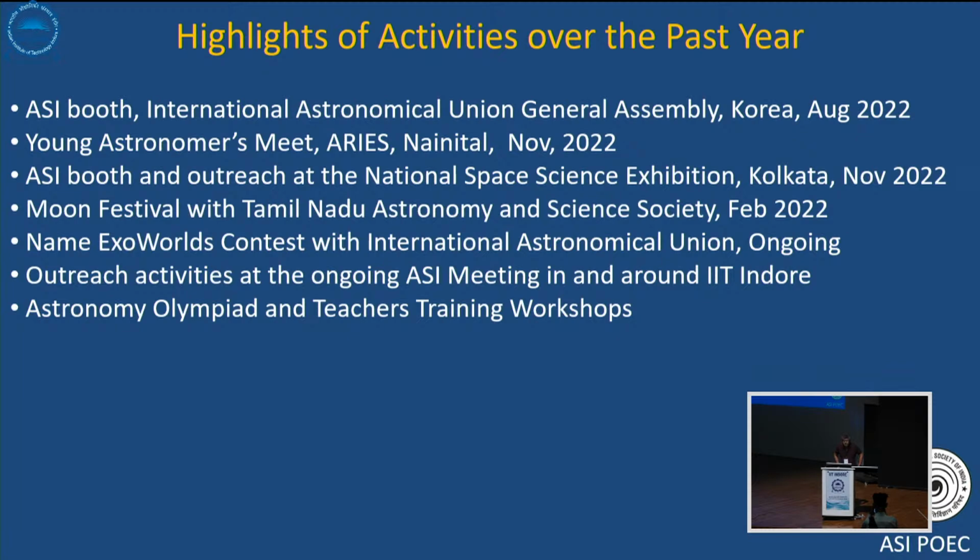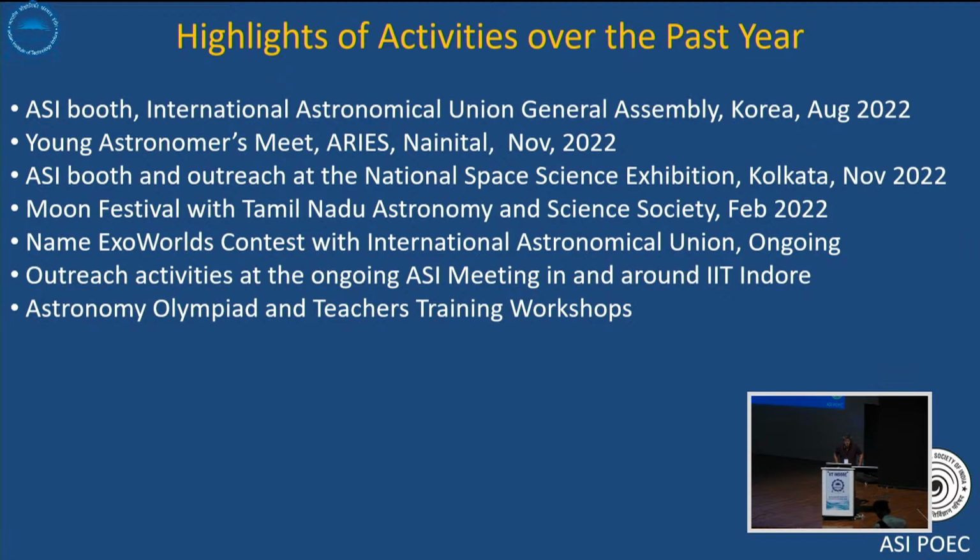What I'll do is highlight to you sequentially the work that we have done over the recent past, starting with my first assignment, which was being the booth manager for the International Astronomical Union activities of the Astronomical Society of India, where we had a booth for the first time.